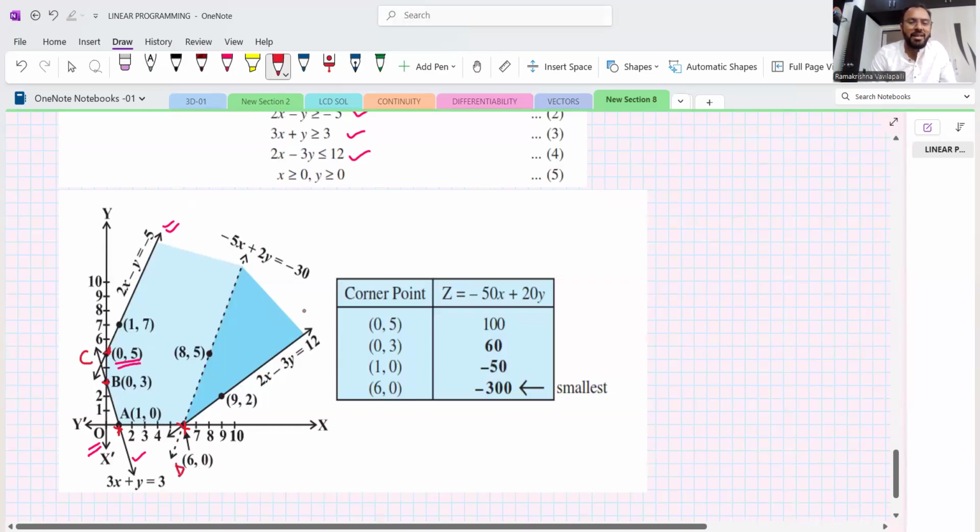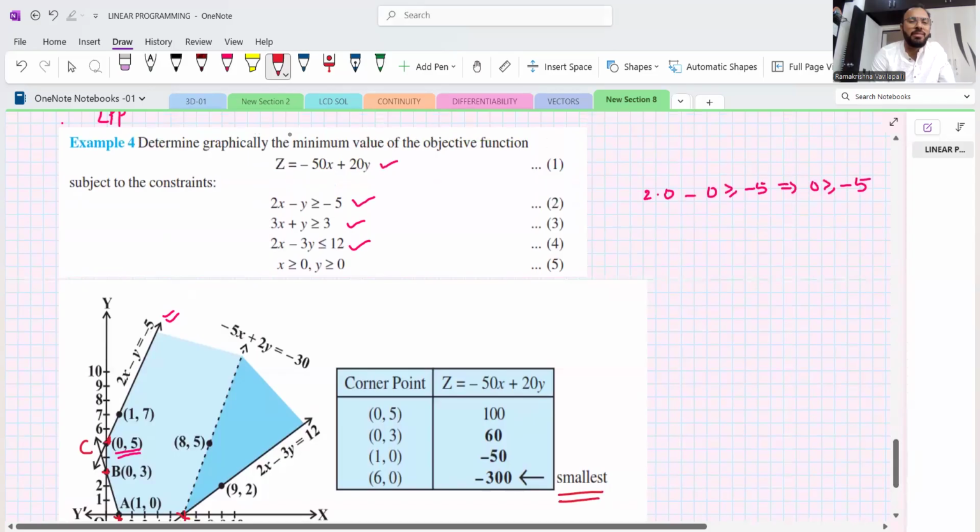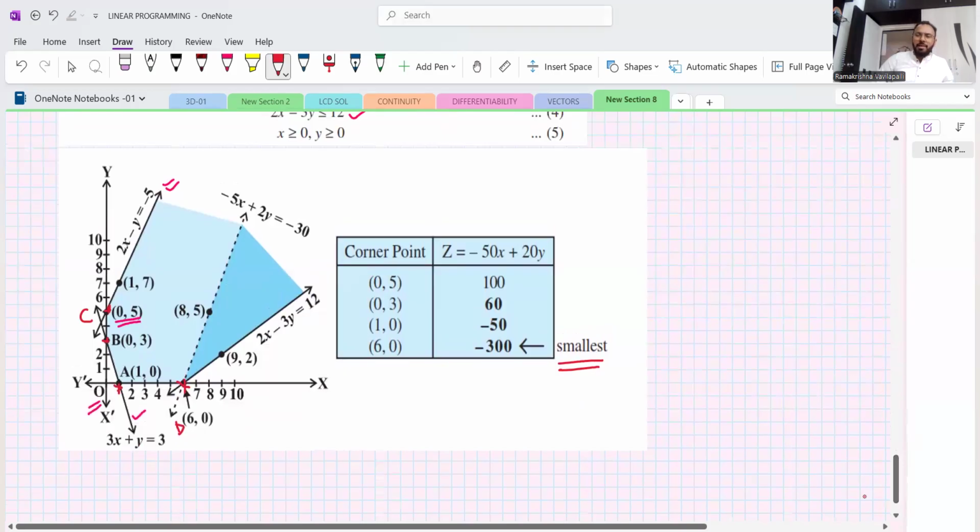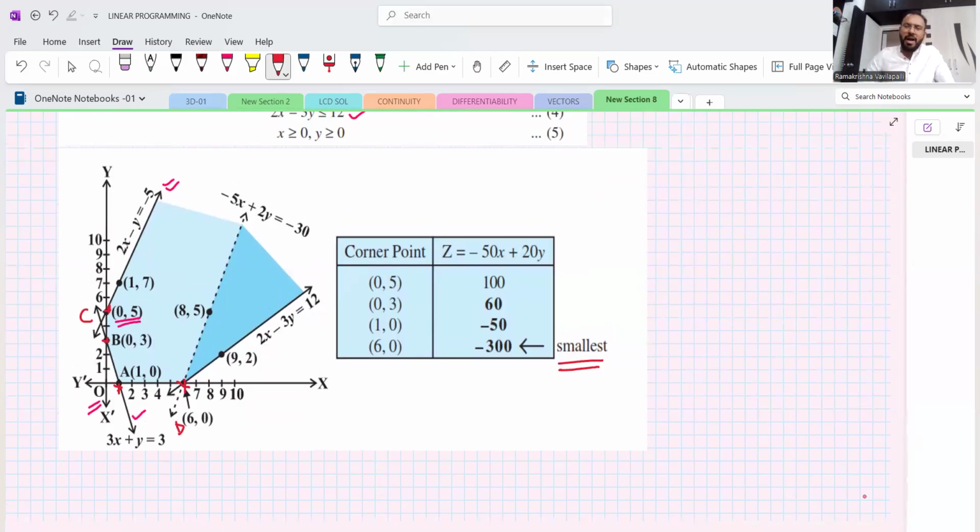So at 0, comma 5, what is the value of the objective function? 100, next 60, next minus 50, next minus 300. Anyway, this is the smallest. Remember, we have to minimize the function. Now we have to think: is it actually the minimum? If there is no other point where we get less than minus 300, then it will be the minimum.